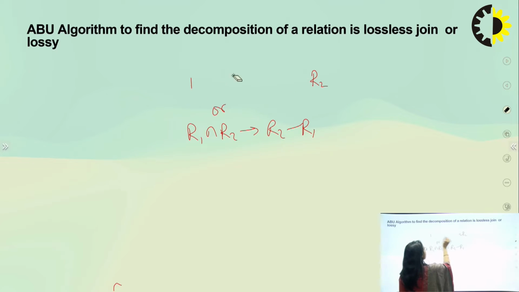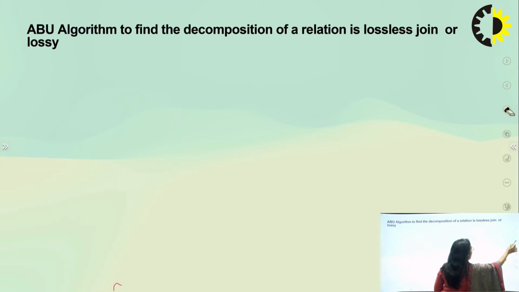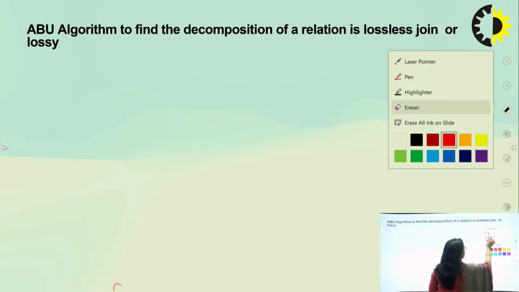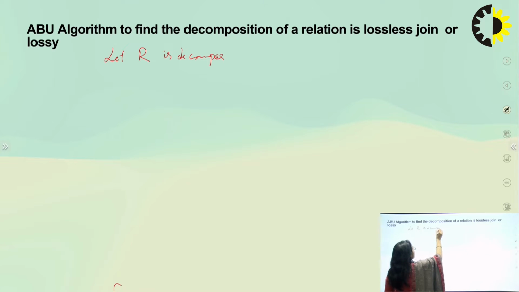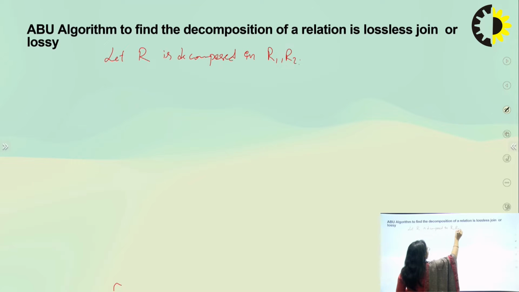Let's suppose we have a relation schema R which is decomposed into R1, R2, R3 and so on.